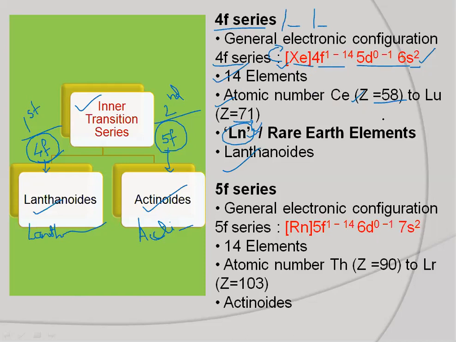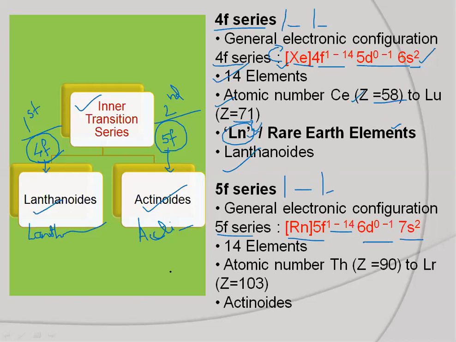Rare earth elements भी बोला जाता है, because earlier times it was very difficult to extract these metals from the ore. Economically इतना feasible नहीं था. That's why they are also known as rare earth elements. In case of 5F series, they are also known as actinoids or second inner transition series. So the general electronic configuration is radon 5F1 to 14 6D0 or 1 7S2.